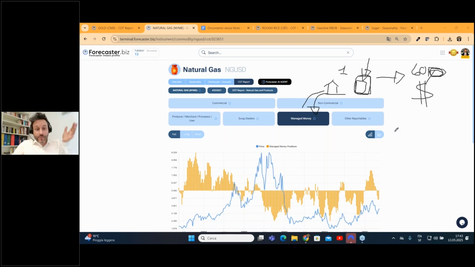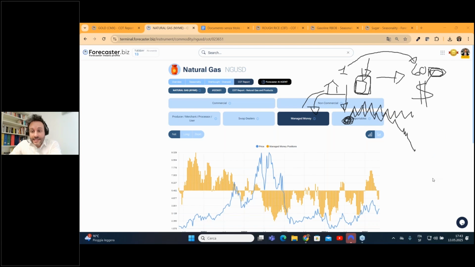The producer has a very big problem during these 60 days, because the price of natural gas will move. So for example, if they extract the natural gas today and they sell it in 60 days, maybe the prices fall in these 60 days.